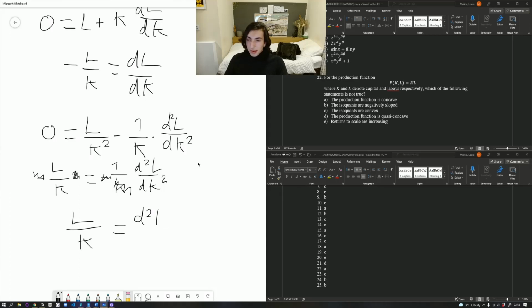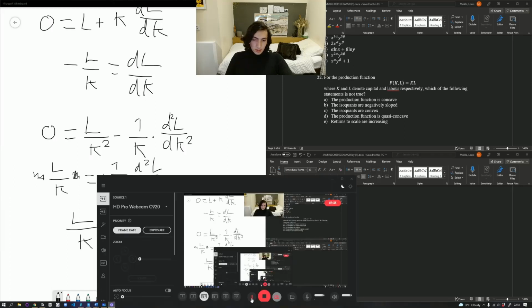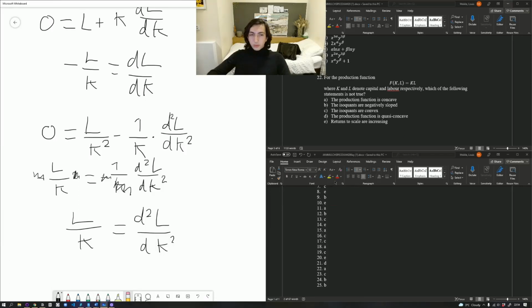Now, by necessity, this one can't be positive either, because the second derivative here cannot exceed... one moment, let me just sneak a peek. Yeah, okay. So because we know that K and L have to be positive, L over K has to exceed 0 in all cases.